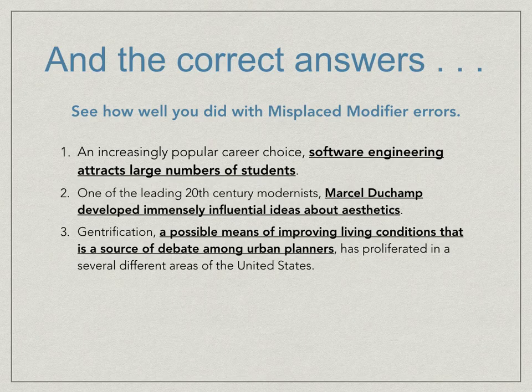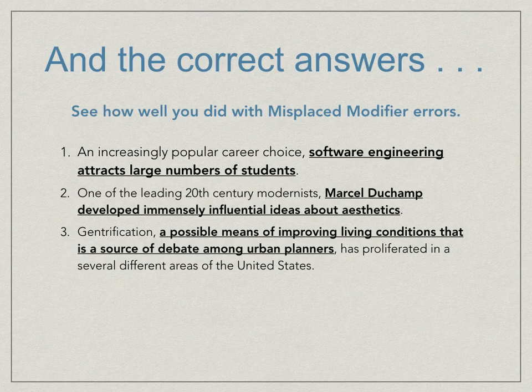But when you have something that is a modifier that's at the end of a sentence or at the middle of a sentence, working with that can be quite difficult, and with the third one, that's what we had. You'll see that this phrase, a possible means of improving, was originally positioned at the very end of the sentence. And there, the problem is, it seemed to refer to United States.